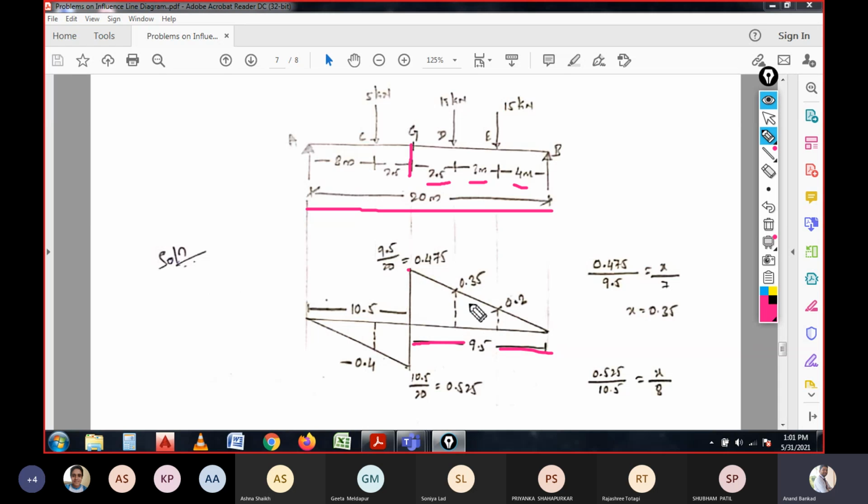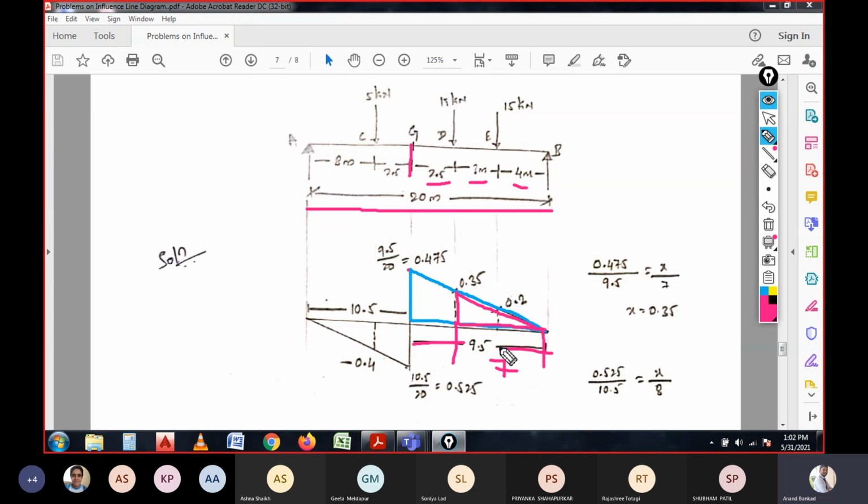This 9.5 divided by the total span of 20 gives the coefficient value of 0.475. At the same time we need to consider similar triangles. This is the triangle which we have calculated, and we have to consider this one too. Here the total span will be 3 plus 4, which is 7 meters.